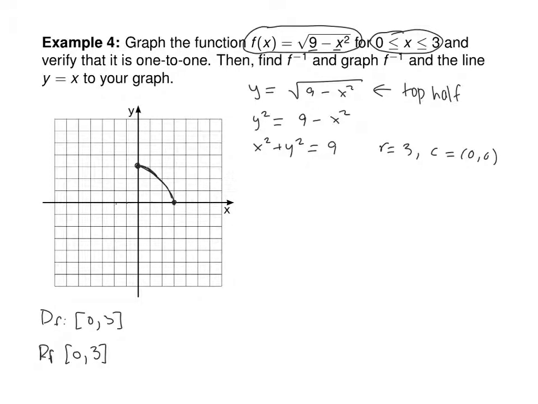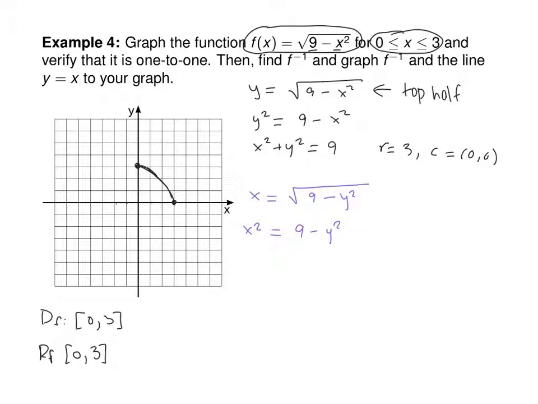Okay, so let's find the inverse. So we'll have x equals the square root of 9 minus y squared. Square both sides. What do you want to do next at that stage? Add 9.